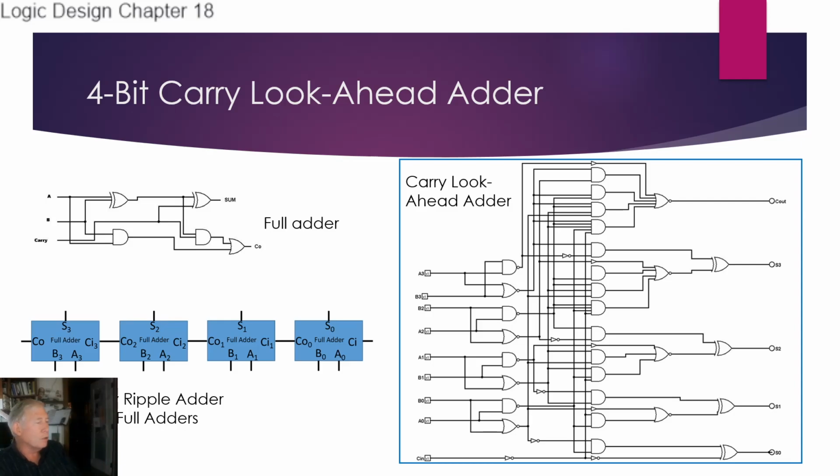And usually we wind up with a mix. Maybe we do 4-bit look-aheads, and then we daisy chain them together to get, say, 8 bits or 12 or 16. Or maybe we do an 8-bit look-ahead, and we daisy chain 2 of them to get 16, 4 of them to get 32.